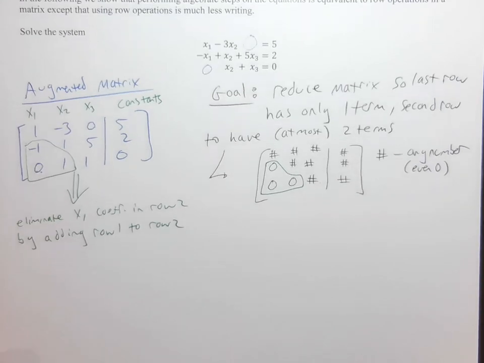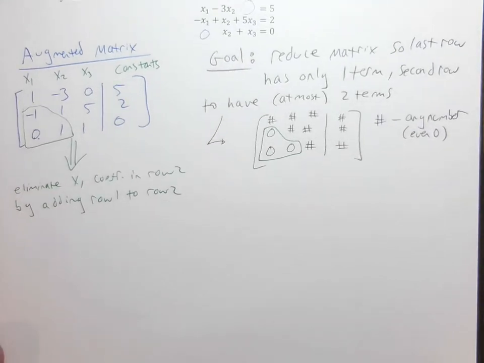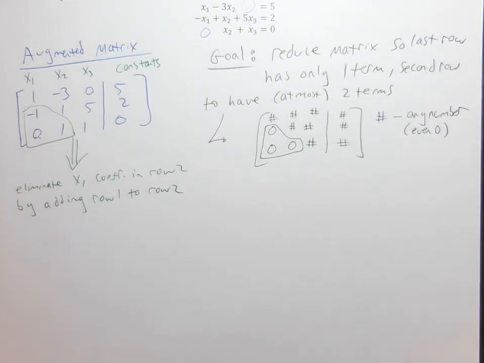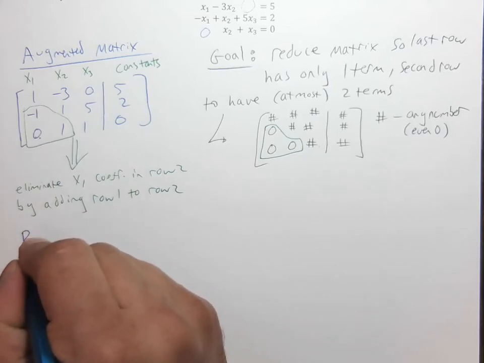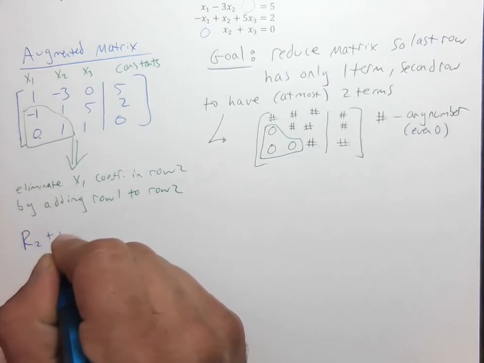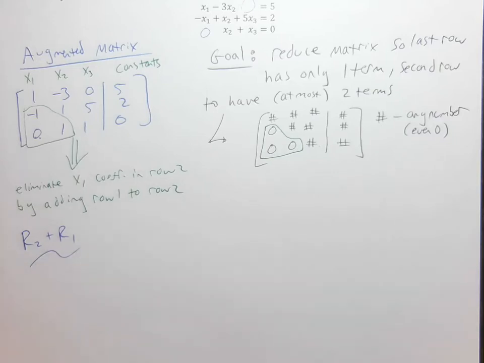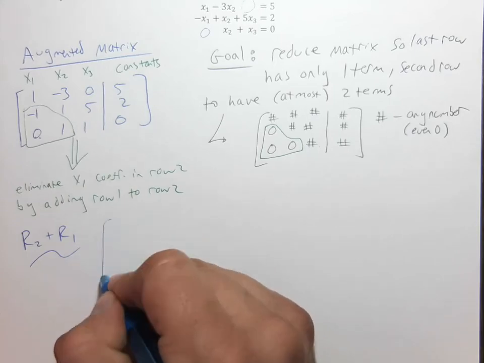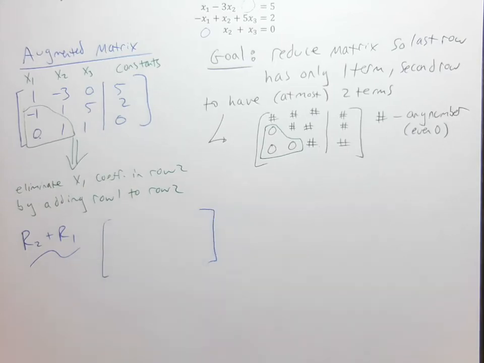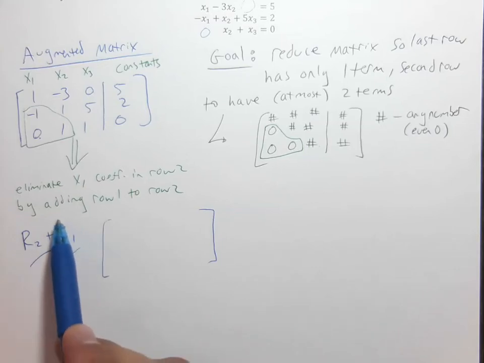And the way we note that, this is an important step here, is I'm going to take row 2 and I'm going to add to it row 1. And we write a tilde. Instead of equal signs, you know, oftentimes in math you write this equals this equals this. We don't write equal signs. We say is equivalent to. And then we write down the new matrix that happened. And I just want to reiterate this again.